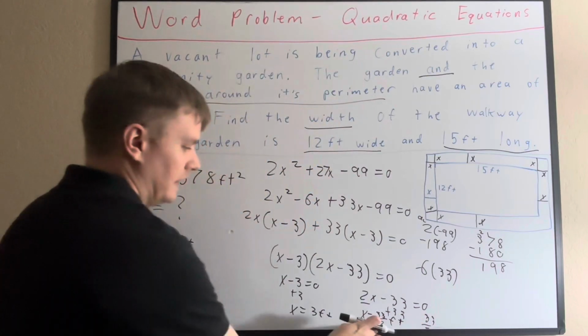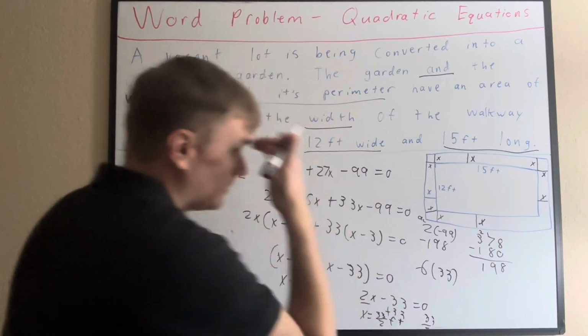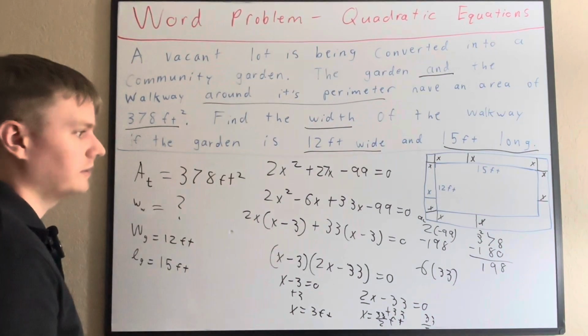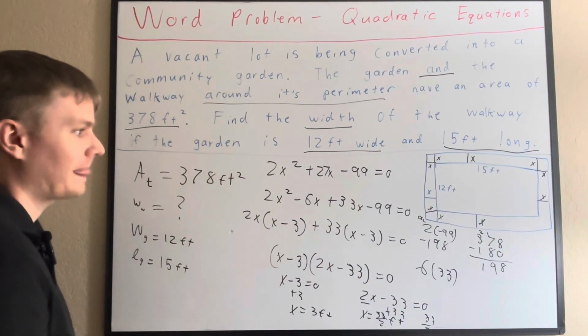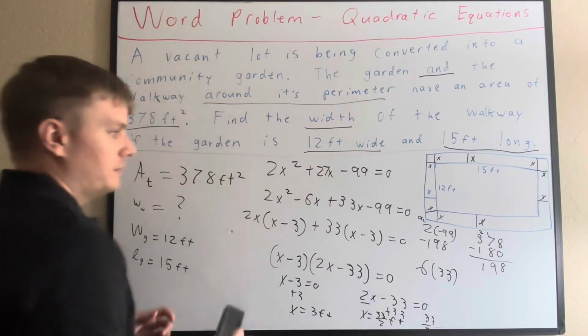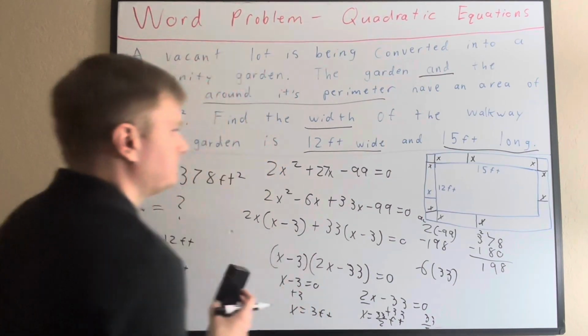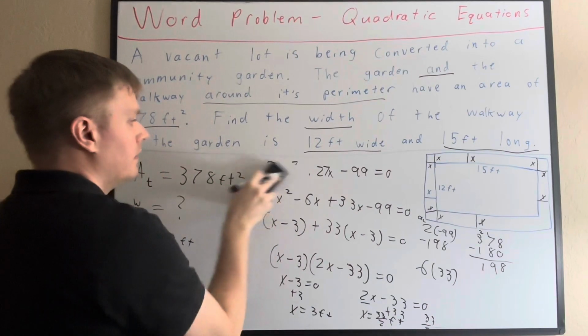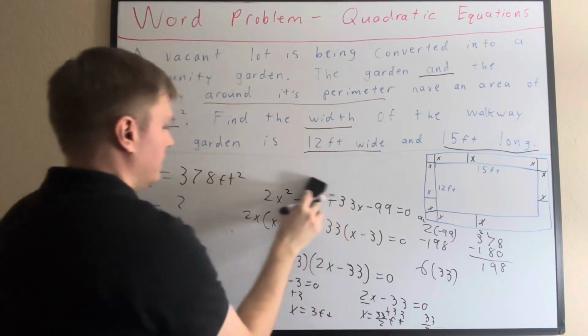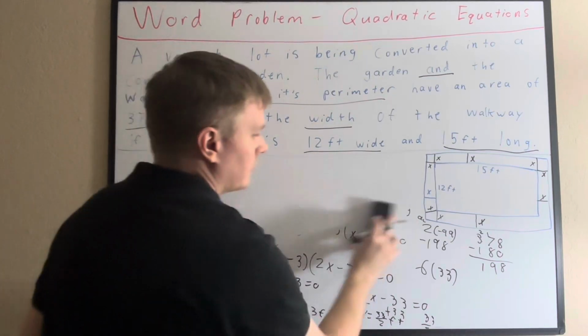Well, we have to take this answer and plug it back into our original equation, if you can remember what it is, and see if it's right. We know 3 is probably going to be right. But let's see.